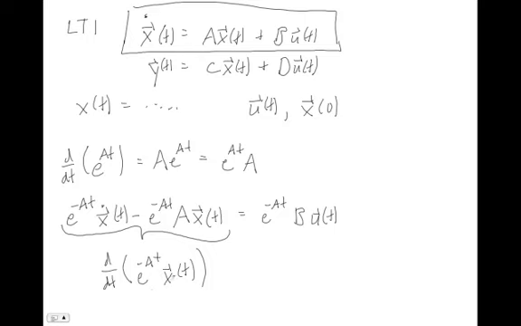And then I can integrate both sides from 0 to t, where t now is explicitly the instant in time that we're interested in looking at. We're ultimately trying to get this equation x at t, at any instant t. So I'm going to integrate both sides of this equation, both the left side and the right side, to get rid of this d dt, and I'm going to integrate it from 0 to t.